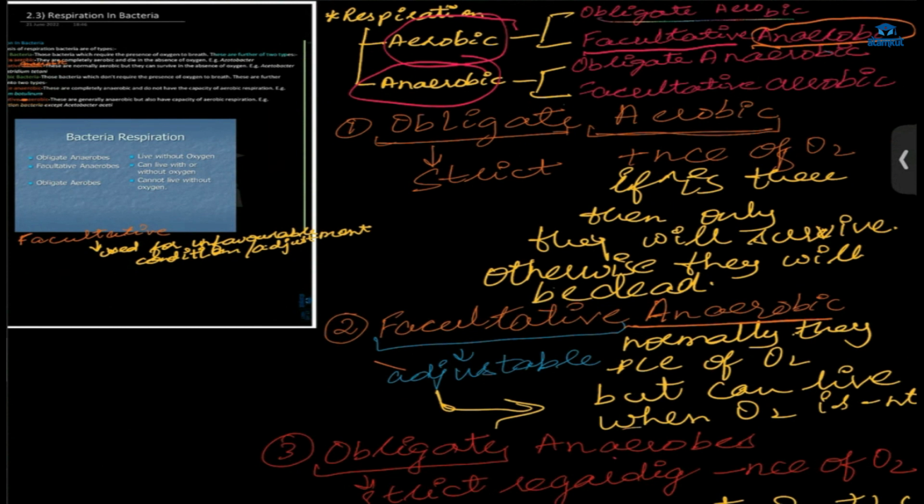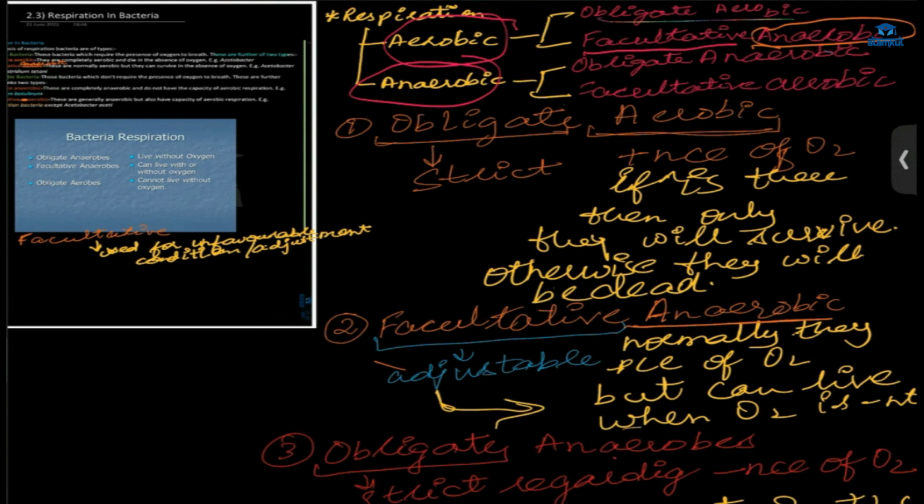If oxygen is not present, they will respire comfortably, very nicely, and they will be happy. But if oxygen is present, they will be uncomfortable, but still they will respire.